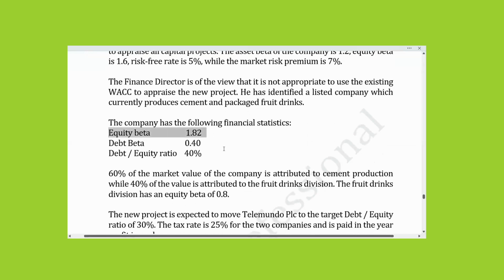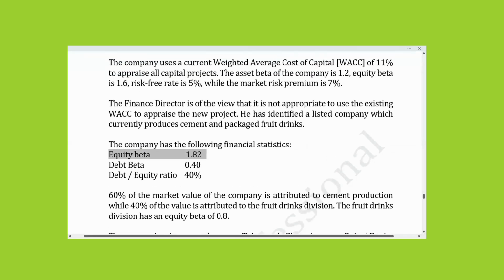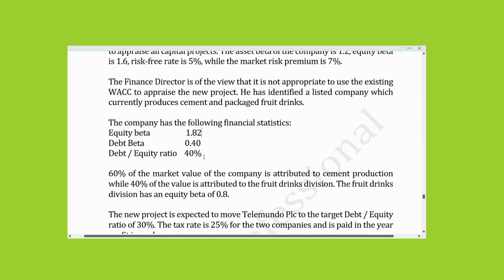So we are given an equity beta of 1.82. Since this proxy company is into production of cement and packaged fruit drinks, it means that this 1.82 is a combined equity beta. It is meant for cement and also packaged fruit drinks. So we are not given, in this question, the equity beta of cement.